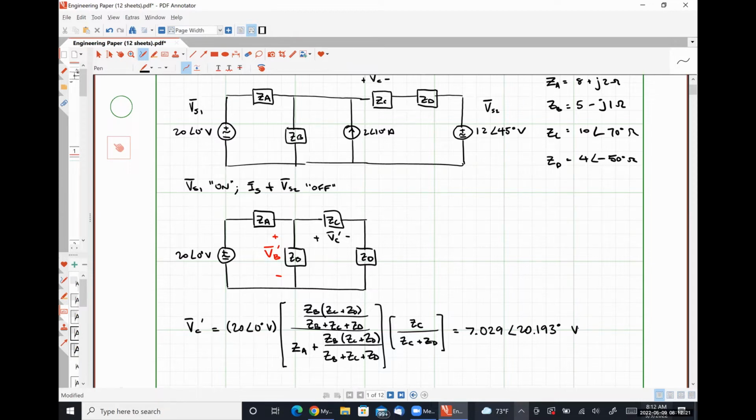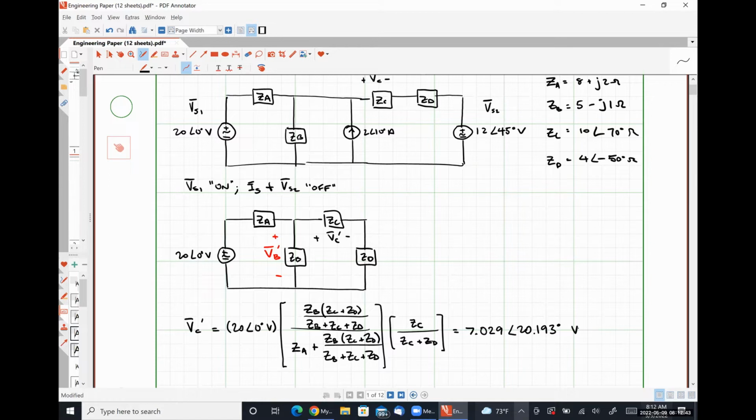All right. So how did we feel about this level of analysis? Or I guess it really wasn't a whole heck of a lot of analysis at all. I saw this as a voltage source connected to impedances in series. And so I just used voltage division to get VB.